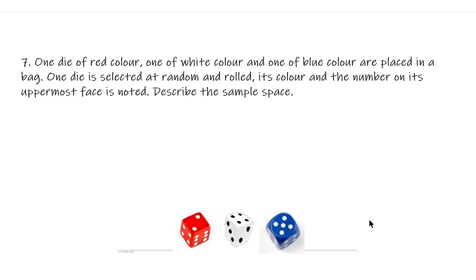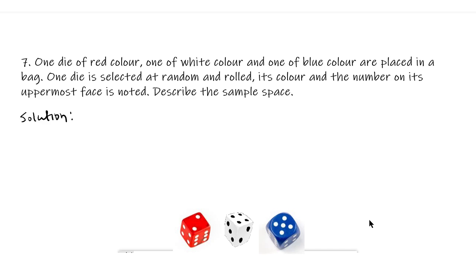Question 7. 1 die of red color, 1 die of white color, and 1 of blue color are placed in a bag. 1 die is selected at random and rolled. Its color and the number on its uppermost face is noted. Describe the sample space. So our solution to this question is like this.